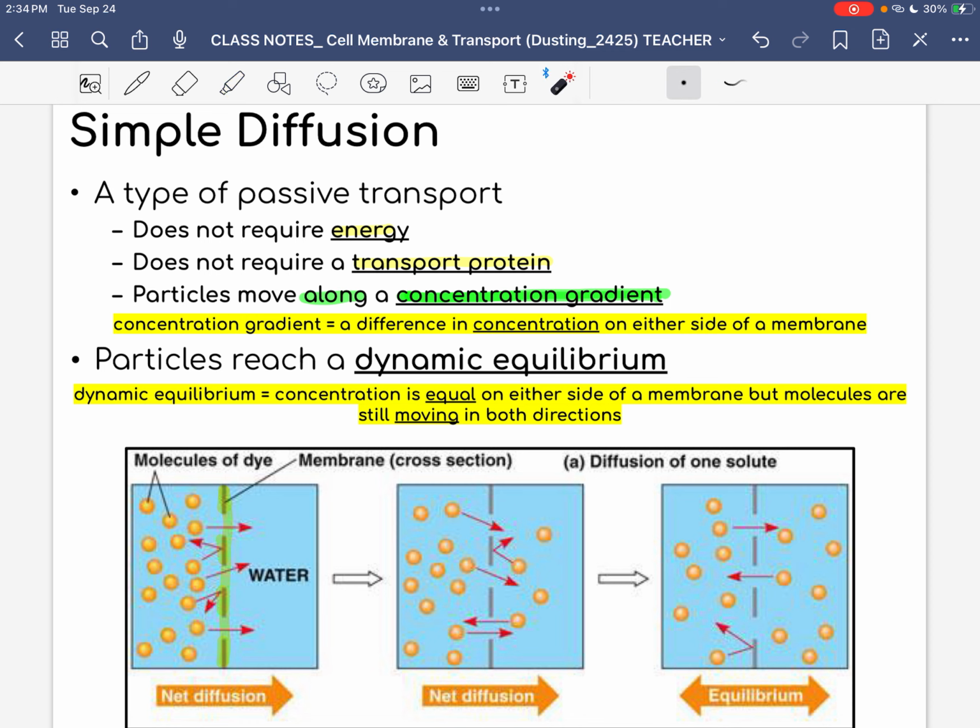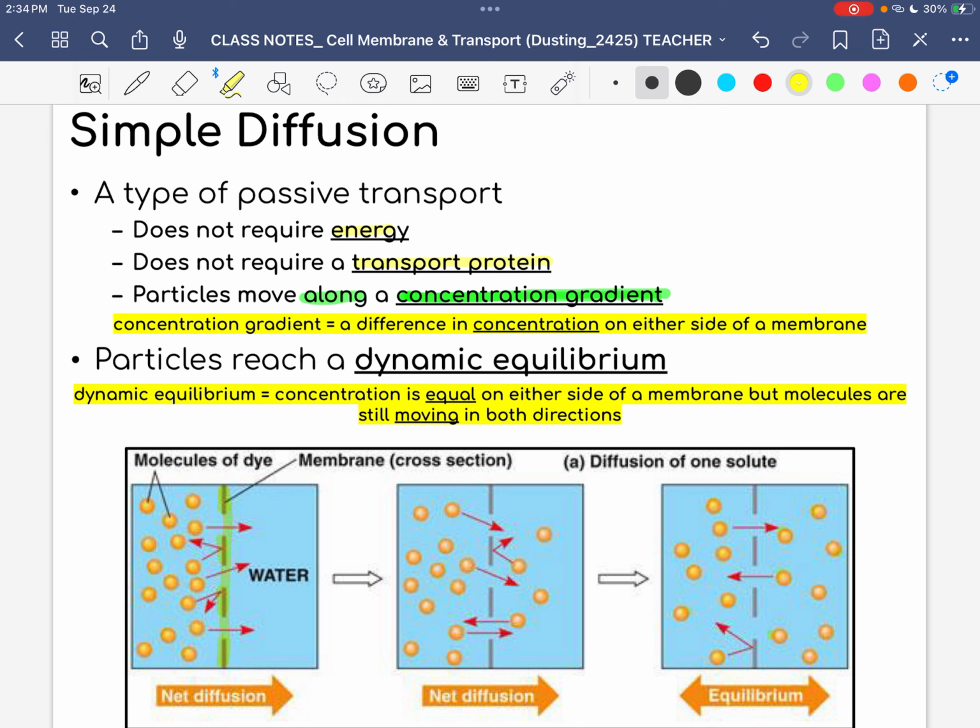So this side has all these solute molecules, and over here it's just water, the solvent. And what's going to happen is that those molecules are going to move from where it's high concentration to low concentration. They're going to move across that cell membrane until gradually there is an equal concentration on both sides.